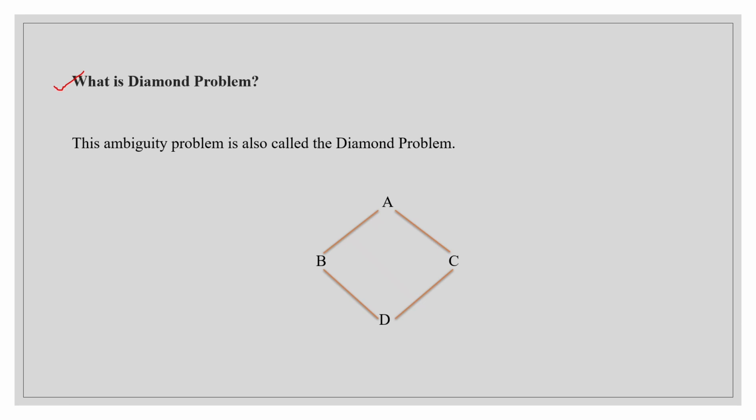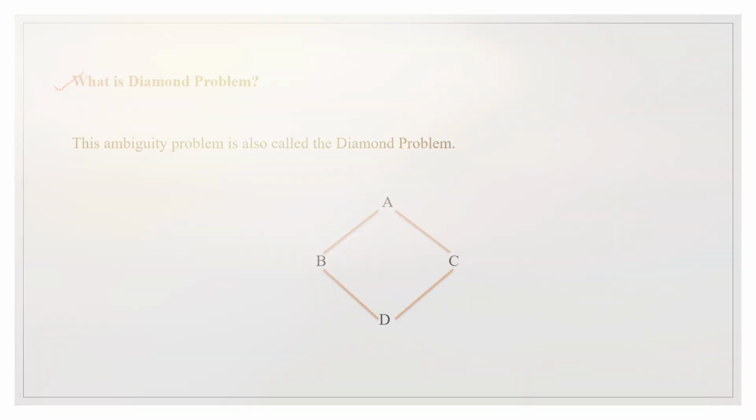Because B and C have the same features of A, and D will get confused which feature to take, whether from B or C. And because the structure looks like a diamond shape in the diagram, this problem is called the diamond problem. And that is the reason Java avoids multiple inheritance with classes directly.